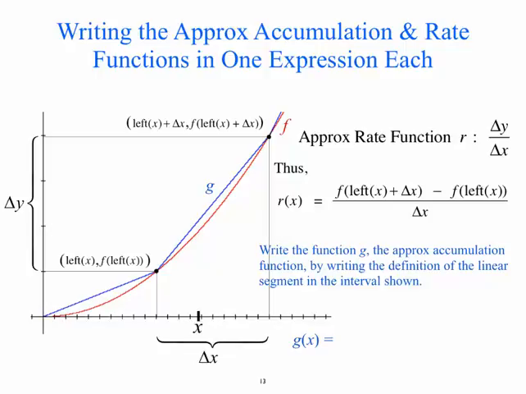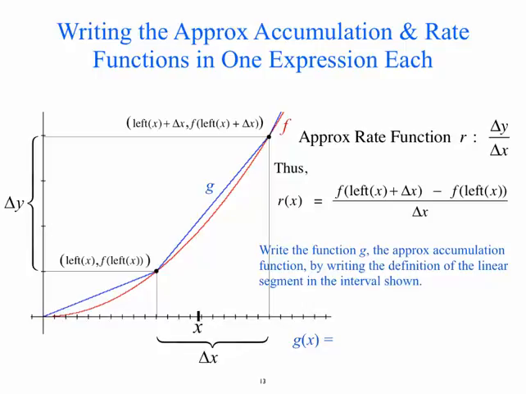F of left of x. That's y initial. Plus dy. What's dy? So it's m dx again. What's m? We just did it. There's m right there, the rate in the current interval. So we can just write that.